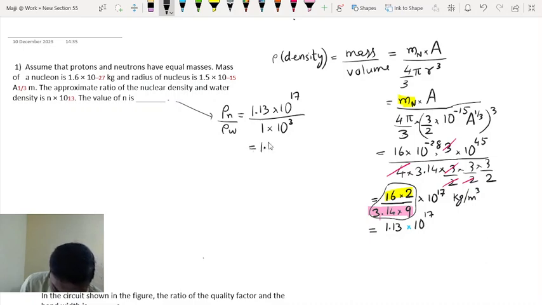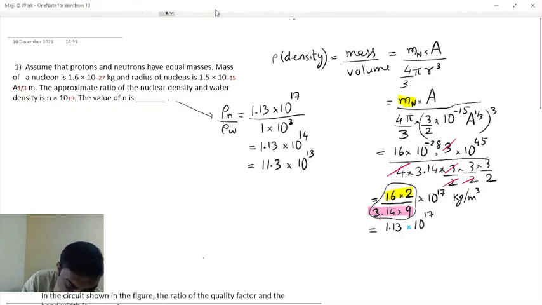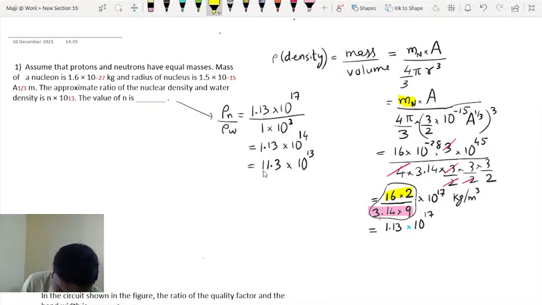So this will be 1.13 into 10 to the power 17 minus 3, which is 14. So you give 1 to this, and this becomes 11.3 into 10 to the power 13. If you round it off to the nearest integer, your answer is 11. So 11 is the answer.